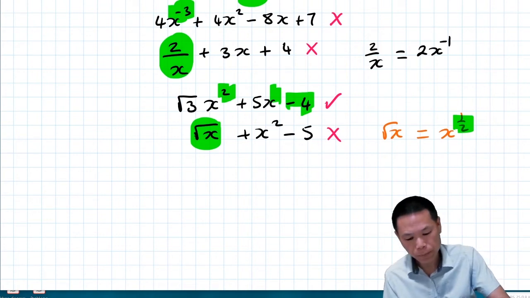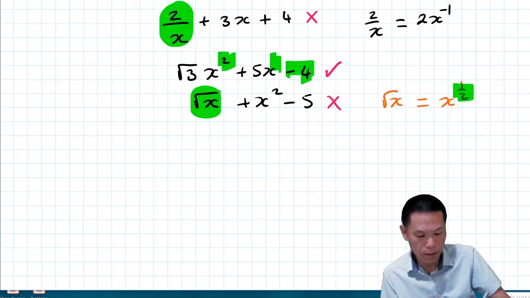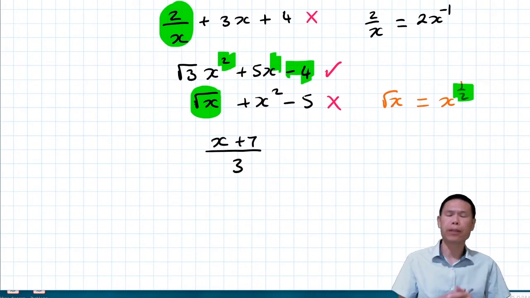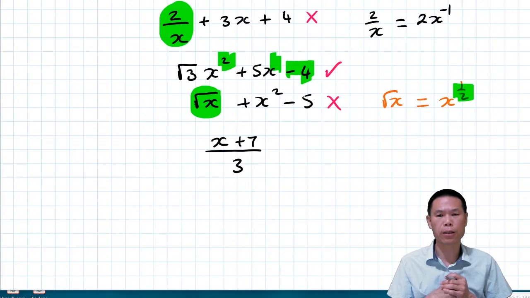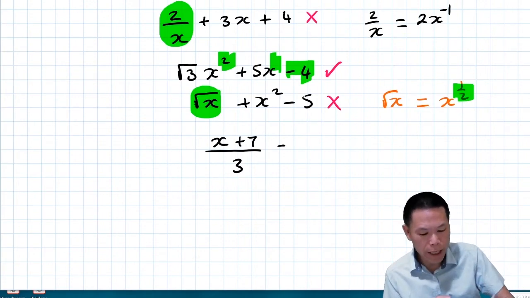Next one. We have x plus 7 over 3. Now have a think about it. Do you think it is a polynomial or not? Yes, it is, because we can break this up.